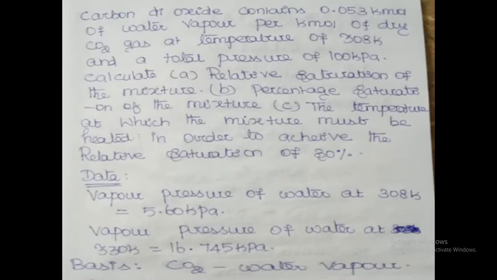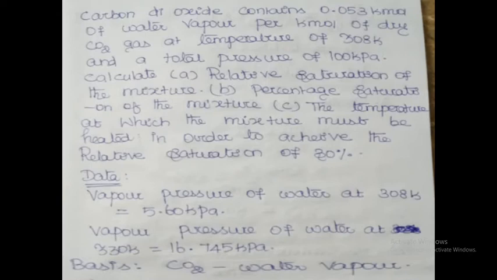So next one, percentage saturation. The percentage saturation calculated in two ways. One is in terms of absolute humidity, another way in terms of absolute molar humidity. You are going to choose any one method to calculate percentage saturation.